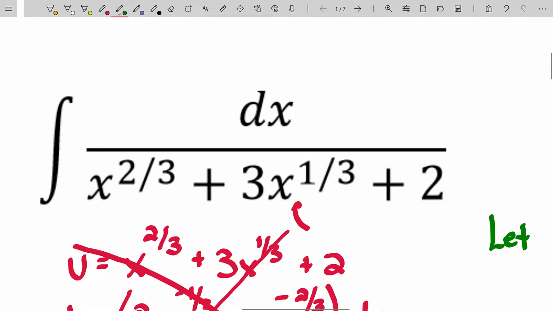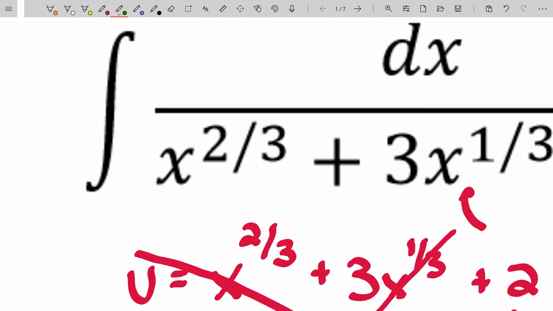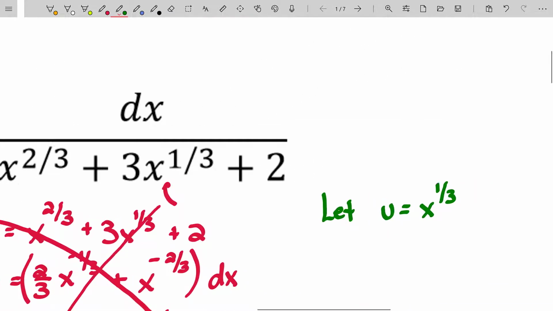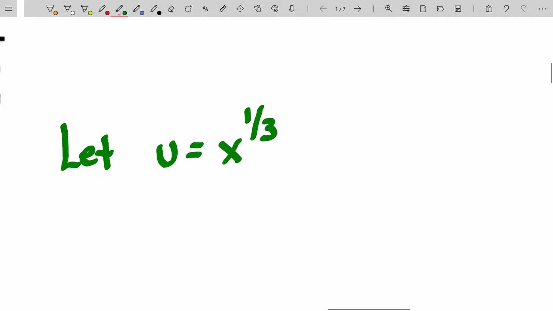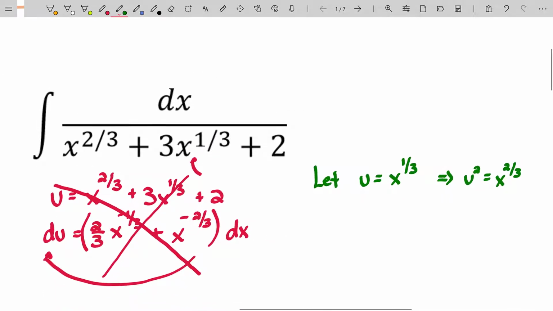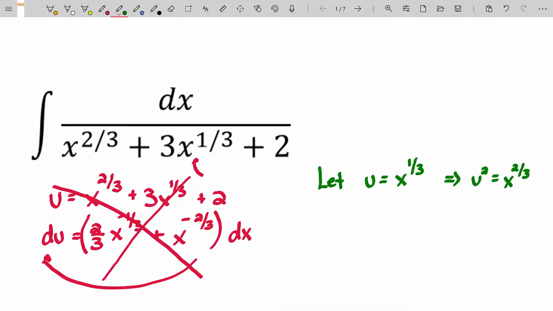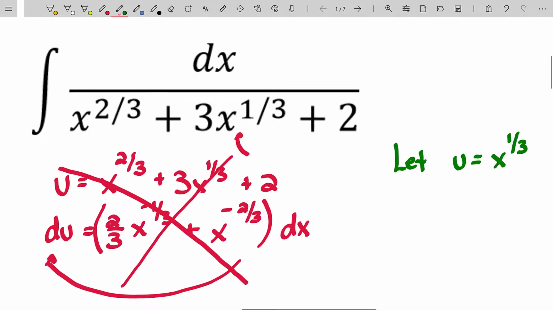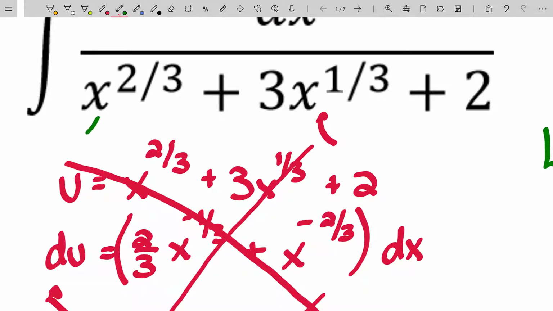Why didn't he choose u to be x to the 2/3? It's because if u is equal to x to the 1/3, I can get x to the 2/3 very easily by squaring both sides. Using this type of u substitution and allowing u squared to be x to the 2/3 makes this a factorable trinomial. It becomes u squared plus 3u to the first plus 2.